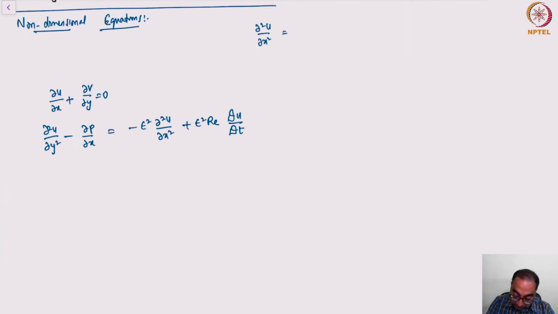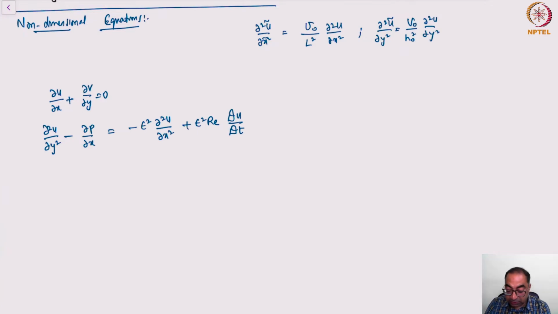This simply becomes u naught by L square times del square u by del x square, with the tilde removed. And if you compare it to another term like del square u by del y square, you have u naught by h naught square del square u by del y square. When we combine them and divide throughout by u naught by L square, what you get is this epsilon square term. That's how we arrive at this equation.